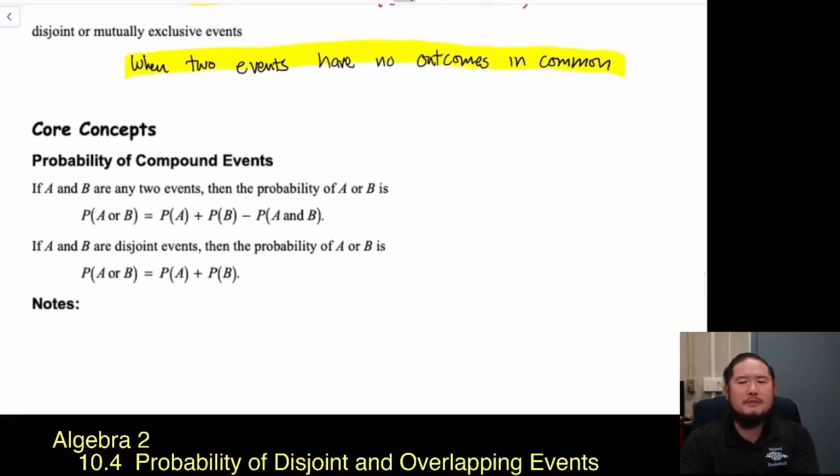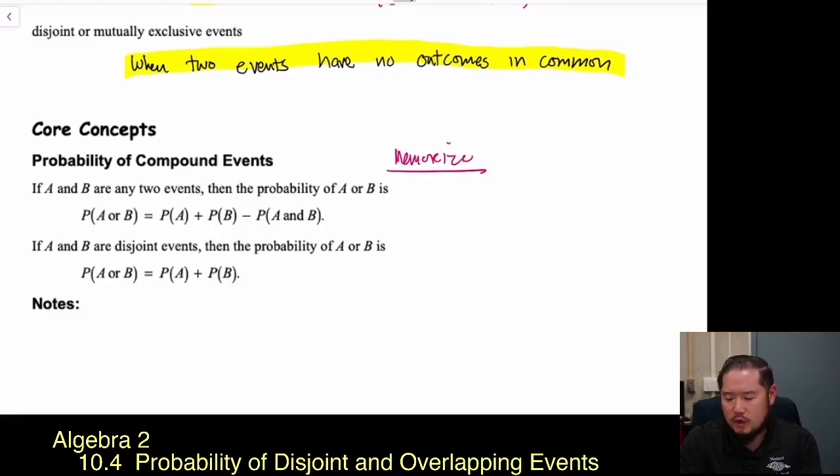So the core concept, as we move along, is that you really do need to understand the probability of compound events. And there's two different ways of looking at them. I would definitely say to memorize this stuff right here. It makes things so much easier.